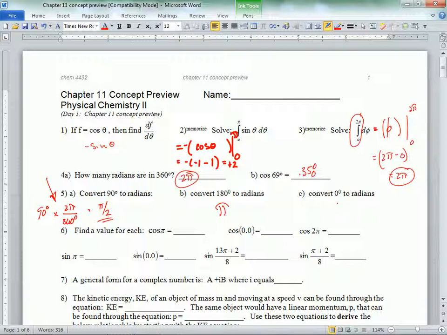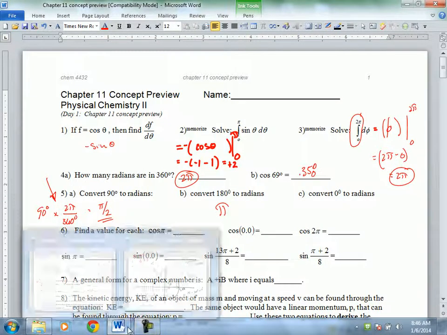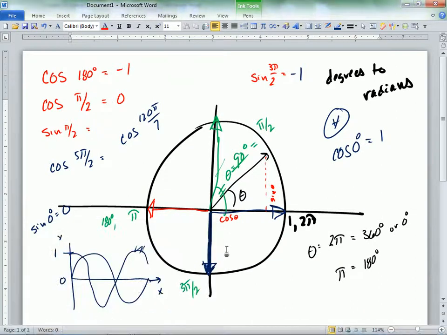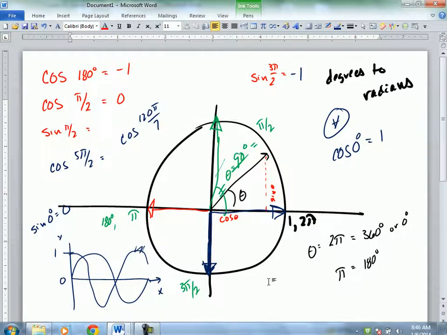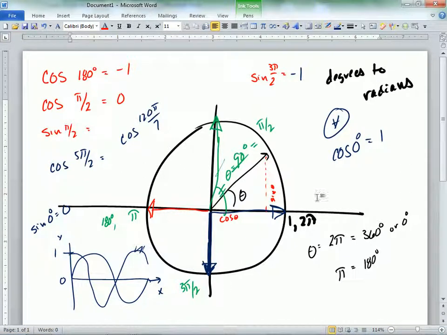So if you're at 0 degrees, go back to the unit circle. I thought it would be 0. Okay, let's go back to your answer. What was the question? 0 degrees, right? Cosine of 0 degrees. So the best answer is technically 1, 2 pi, 4 pi, 6 pi, 8 pi.